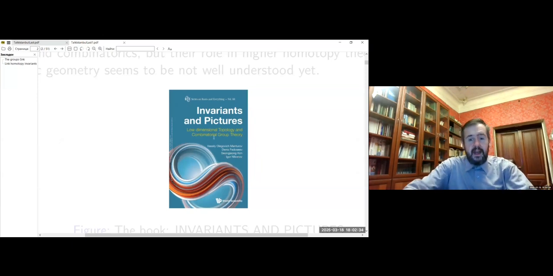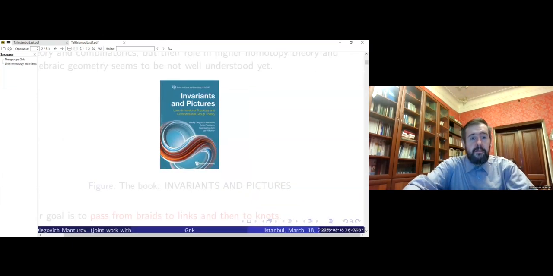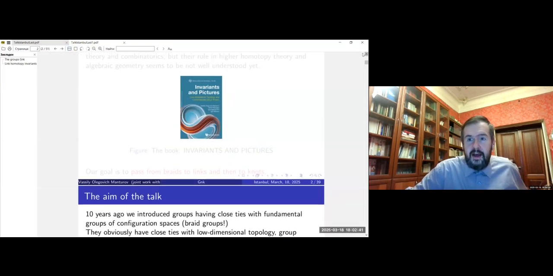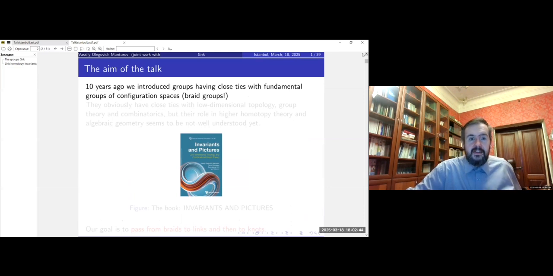And that book had a goal to construct invariants of various objects, mostly coming from topology, valued not in numbers, not in polynomials, but something like pictures. And this book is about low-dimensional topology and combinatorial group theory.